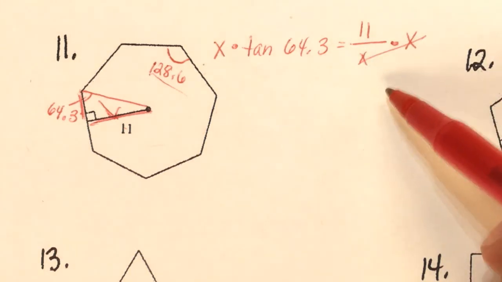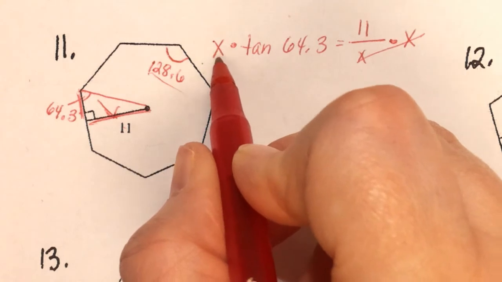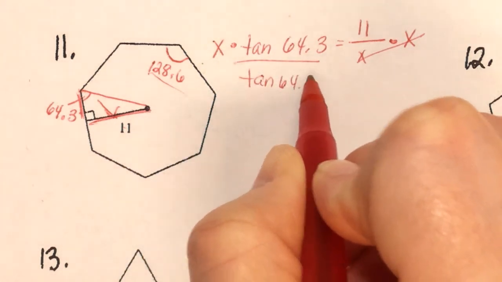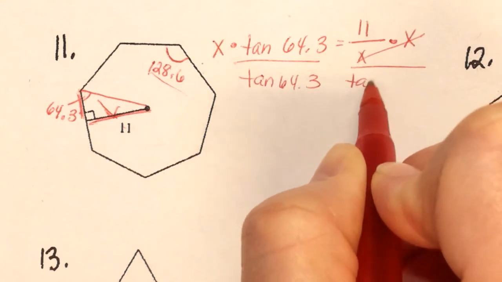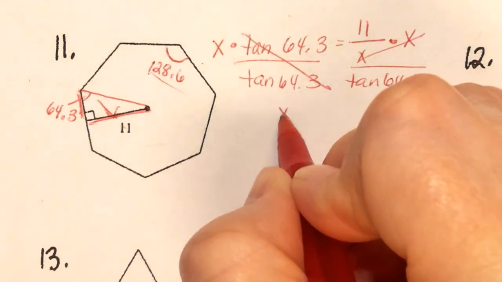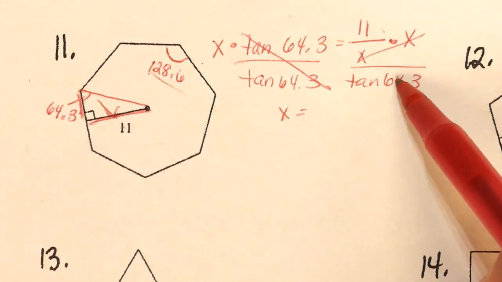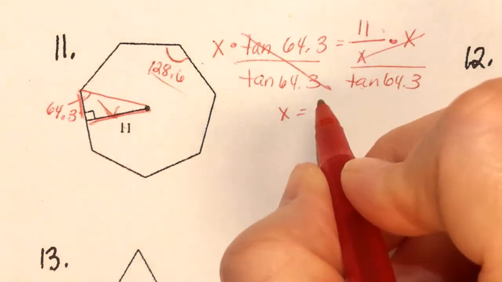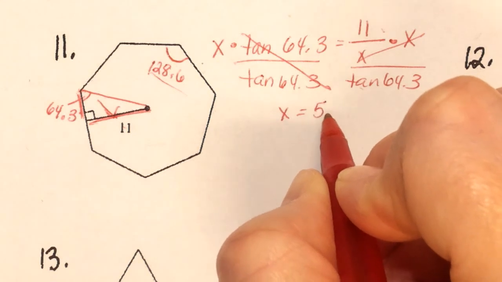It saves a step, but remember, if you have the letter over here now, you divide to get it alone. So in your calculator, type in 11 divided by tangent of 64.3. 5.17, so 5.2. Somebody verify?